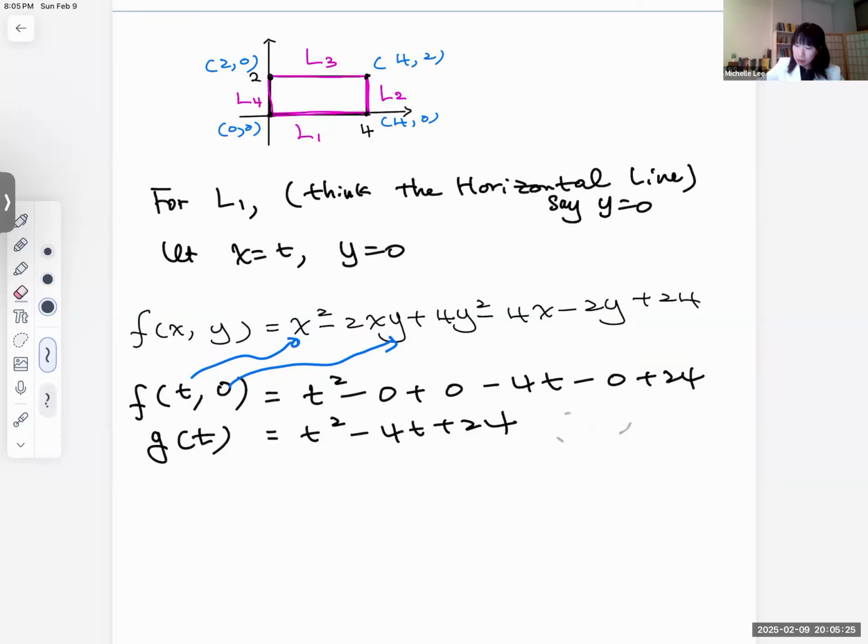Now we want to find the derivative to find the critical point. Make sense? So g prime of t. We don't have to do partial derivatives because this is one variable, in terms of t, right? So what do you get? 2t minus 4. Then we set it equal to 0.